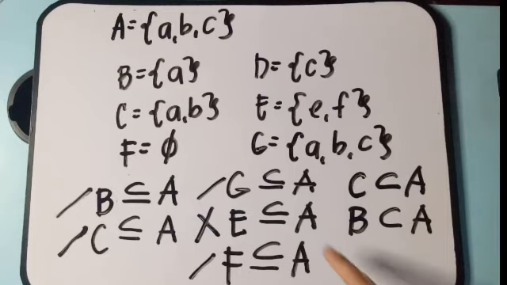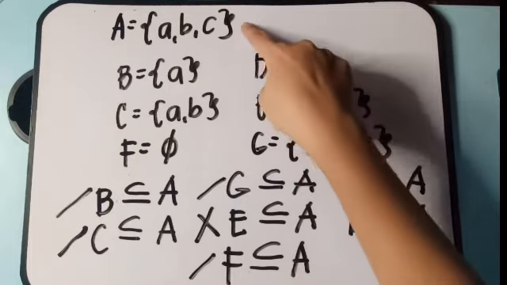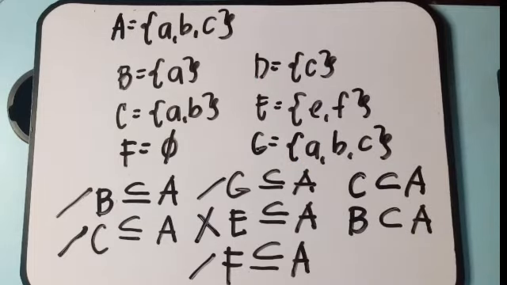Pero kung hindi sila subset kagaya nito, then, this one is not a proper subset of the set A. Always remember that we can say that two sets are proper subset kapag subset sila. Okay? So, that is the difference of subset and proper subset.